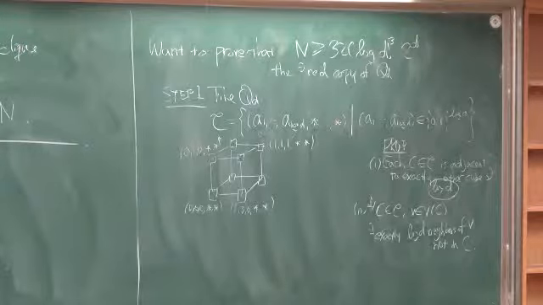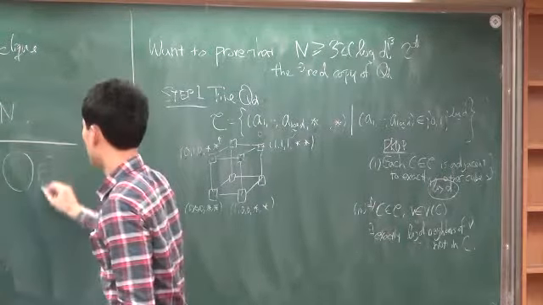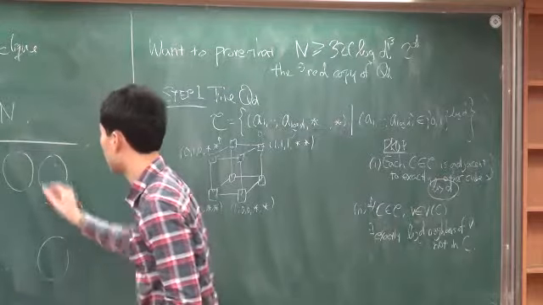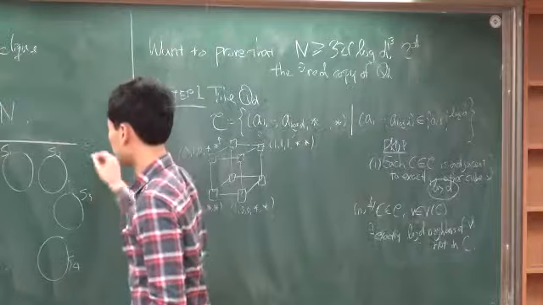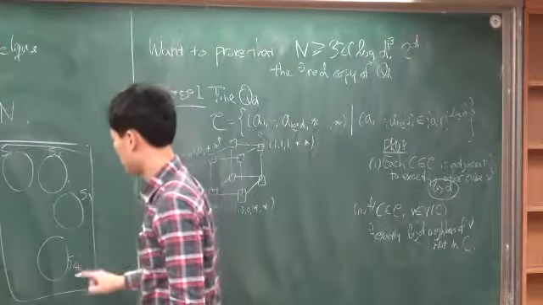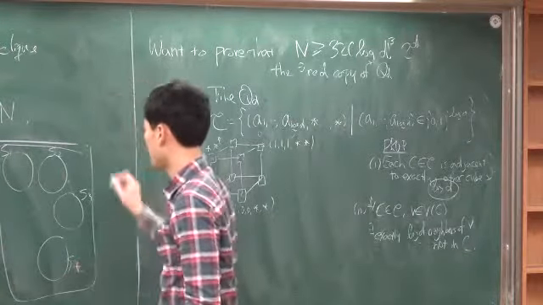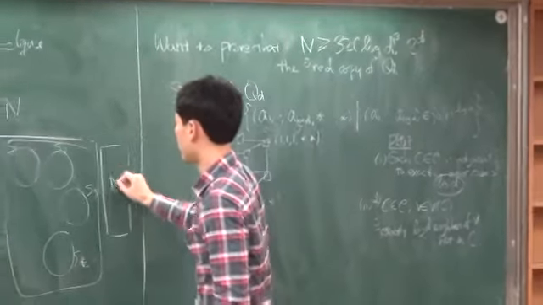Don't pay too much attention to the numbers, it's the ideas. And take the maximal collection. So we have a set of red cliques. We call them S1, S2, S3, and so on. We took a maximal collection. The last one is ST. And then there are some leftover vertices, n prime of them.